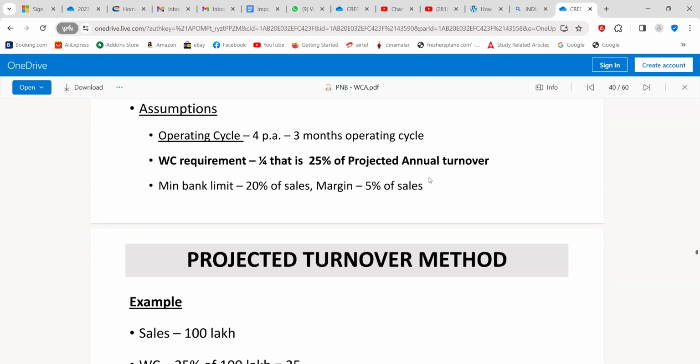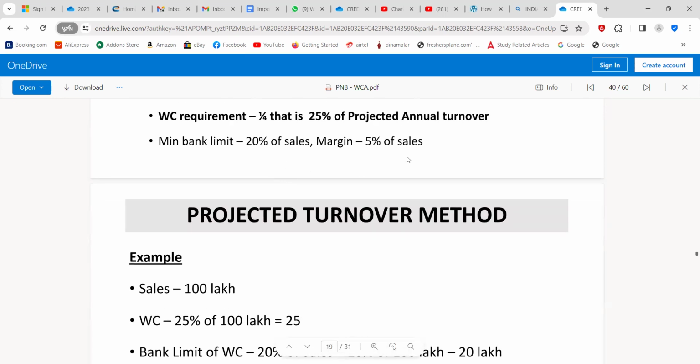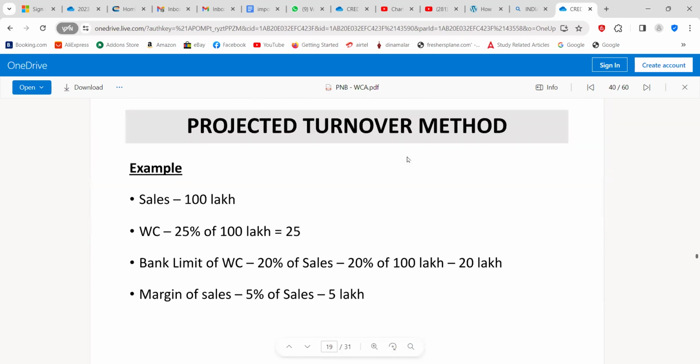Let us not talk in big amounts. Supposing the sales is some 60 lakhs, 20% of that will be given, and the margin is 5% of sales. Very good, continue.